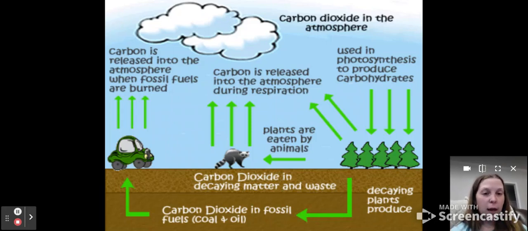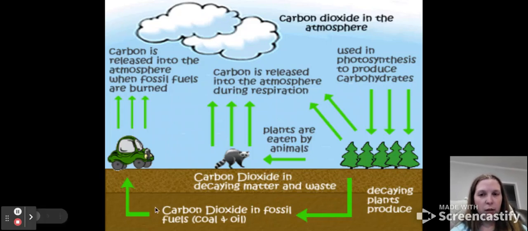It's pulled from the atmosphere by plants to be used during photosynthesis so that it can make the sugars. And then as those plants die, so we're going to go through the ground first. As those plants die, they will produce carbon dioxide in the fossil fuels, or it'll be decaying from waste, anything like that.